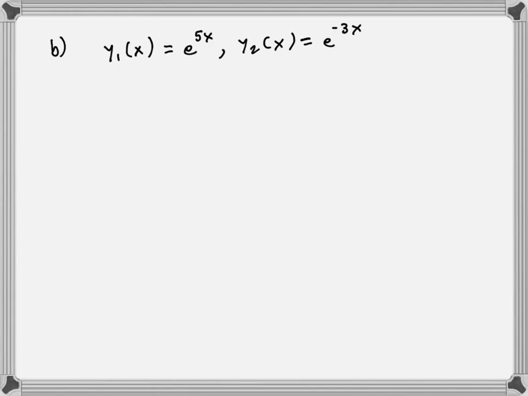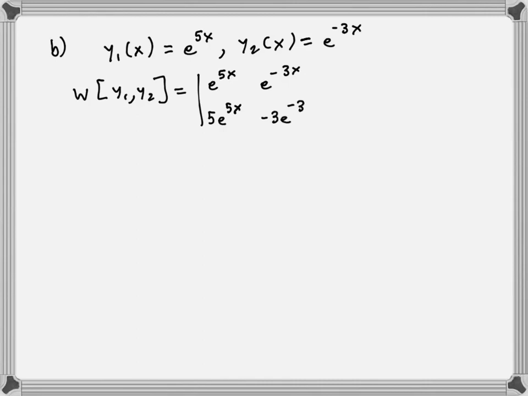So what would the Wronskian of y1 and y2 be? Remember, the Wronskian is the determinant of, you put both functions here, and then you take their derivatives, and we only need to do one derivative in this problem because there are only two functions. We're going to do the determinant of that 2 by 2 matrix. So what is this equal to? This gives us negative 3, we're doing diagonals multiplied, right?